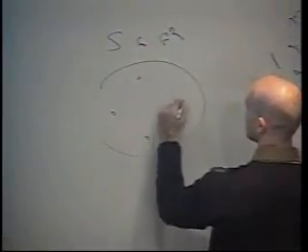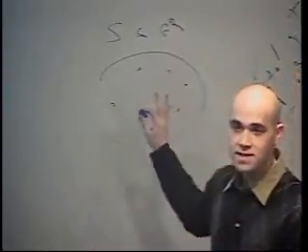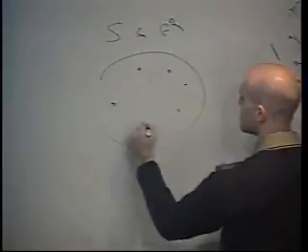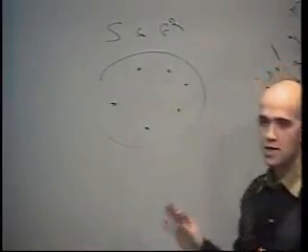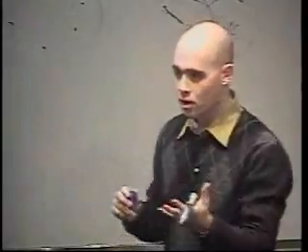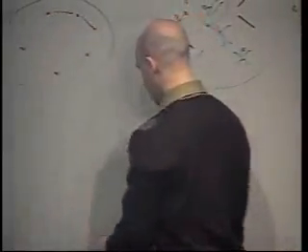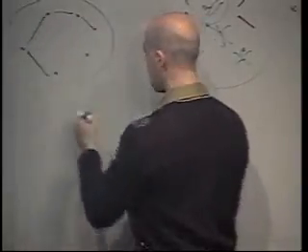Here are the vertices, and we consider it as a complete graph. We take the complete graph on these vertices. So we're drawing all the edges and giving a color, either black or blue, to each of these edges.